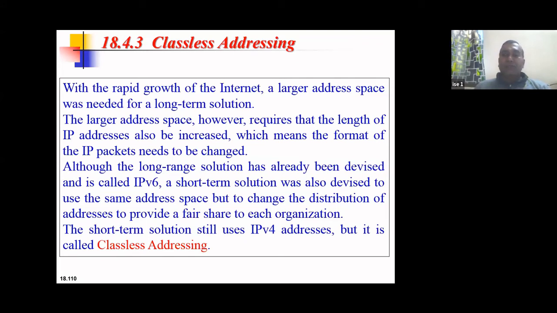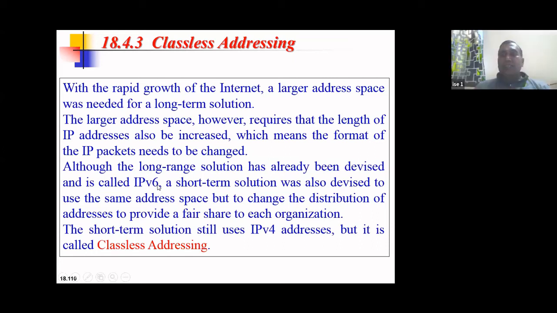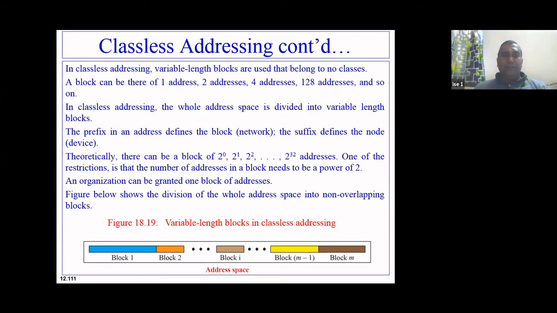That version was called the IPv6 address, and this addressing is called classless addressing. Here the addressing is not divided into class A, class B, class C, class D, class E. There is no class addressing, so it is classless addressing.